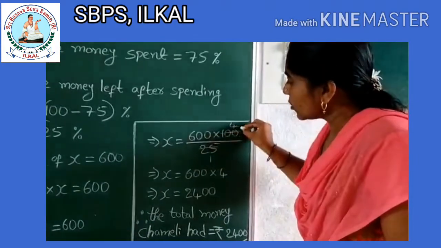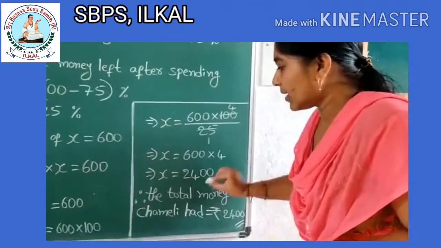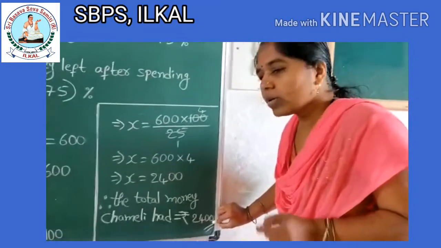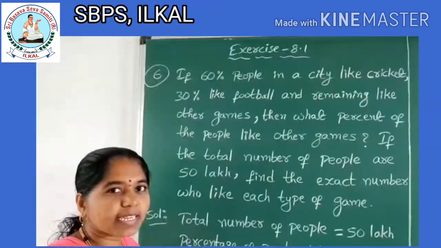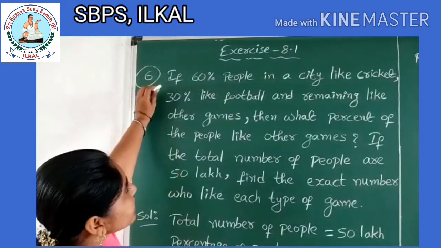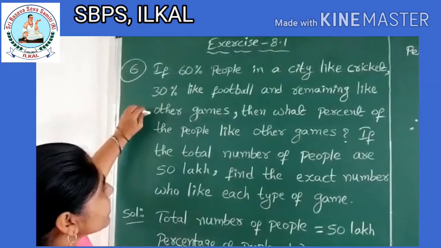Then 600 into 4 will remain. 600 into 4 gives 2400. Therefore, the total money Chameli had is equal to 2400.